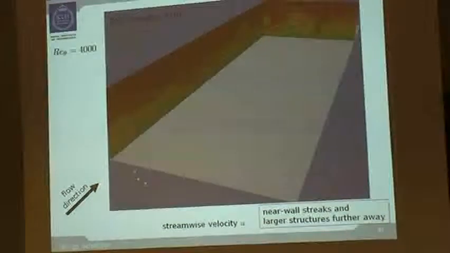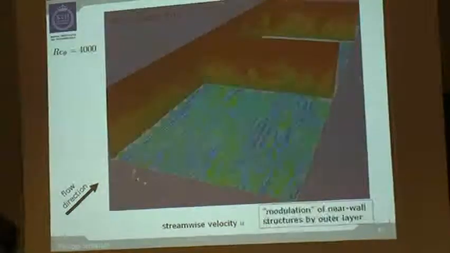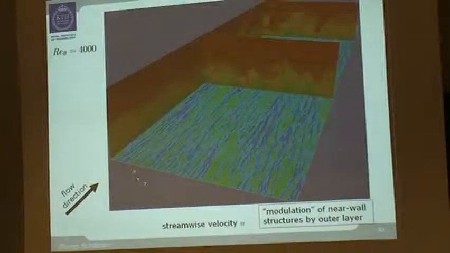Cross stream plane here. Already here you see that we have these deep valleys in the boundary layer. Let's go a bit closer. Now we can also put a velocity plane close to the wall.